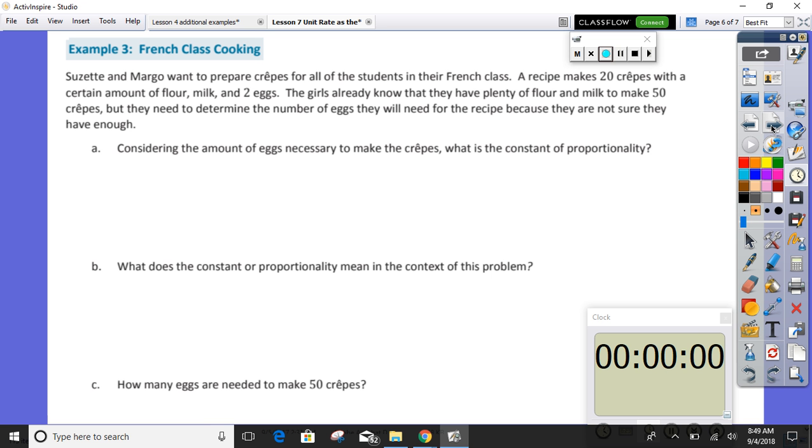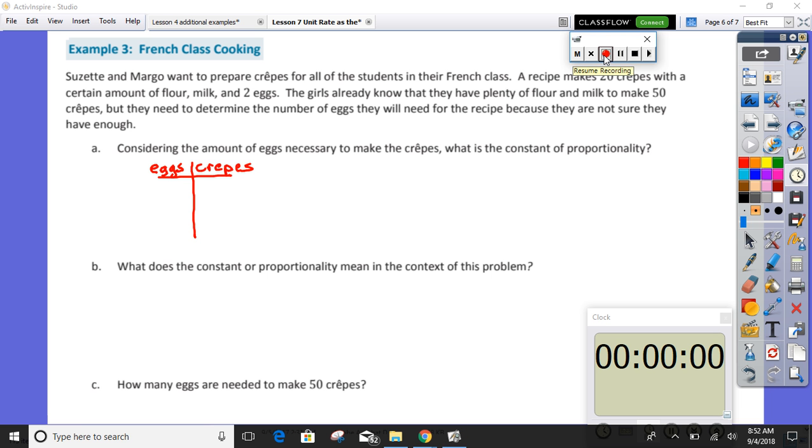But just to keep this consistent, let's say that if we did an XY table, eggs would be our X, crepes would be our Y. So when you're finding the constant of proportionality, we'll all get the same constant. Okay, so questions A, B, and C shouldn't take too long. This is not as complicated as our last problem, so we'll take a couple minutes and then we'll talk about this.